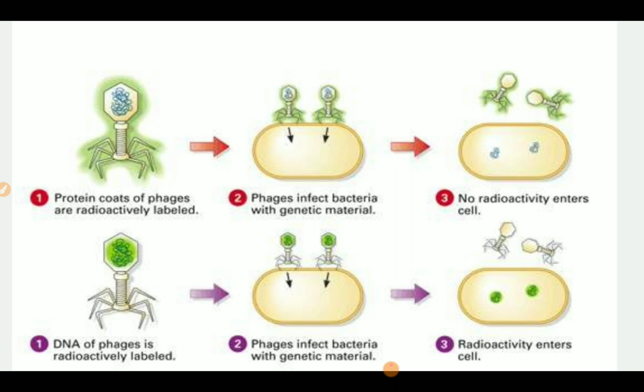We added them to two different cultures. Soon after the infection, the viral coats were removed from the bacteria by agitating them in the blender, and then the virus particles were separated from the bacteria by spinning them at very high speed in the centrifuge.